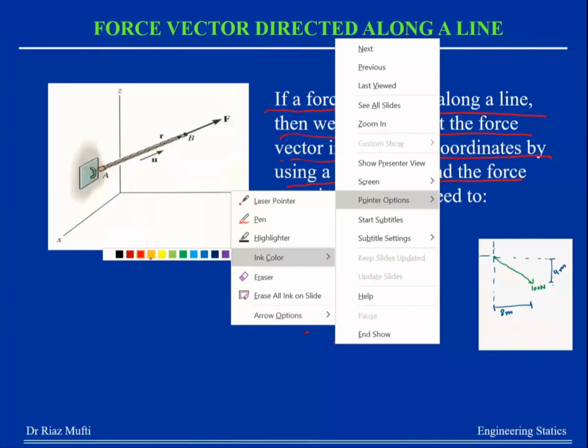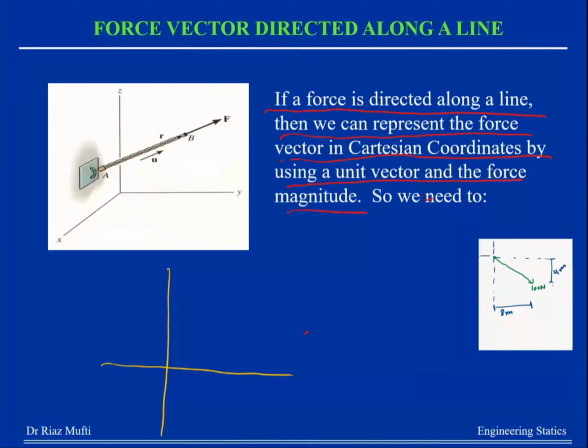Okay, so I've got an axis here. Just to make life easy, I've got axis here, and this is a rope, and that's a point B here. It's already given. That's a point B. So I want position vector AB.